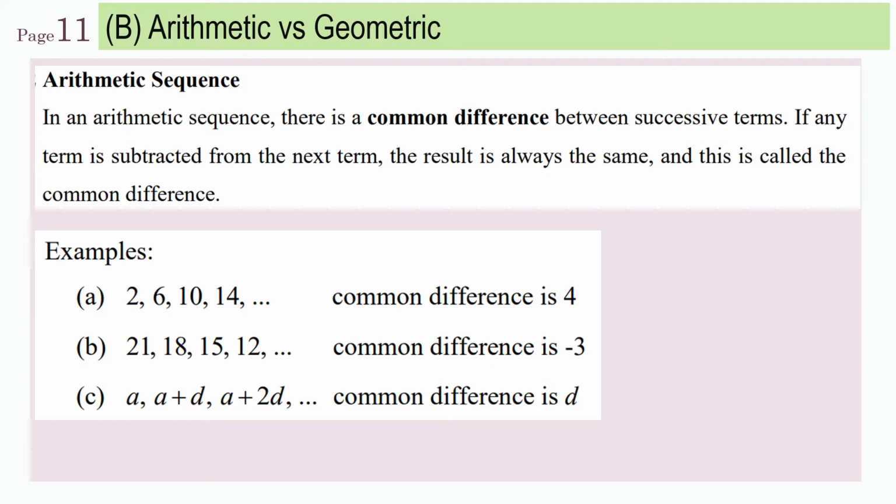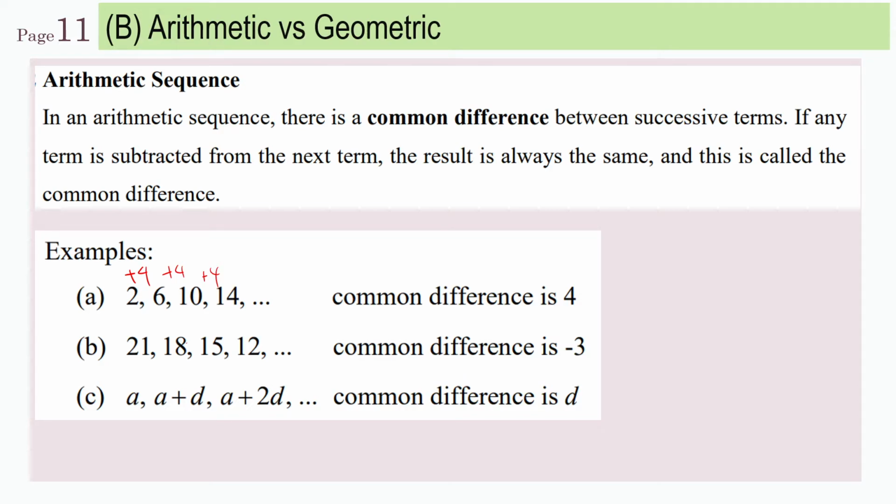That means term 1 and term 2, these are called successive terms, and they must have a similar common difference. So from 2 to 6, plus 4. 6 to 10, plus 4. 10 to 14, plus 4. They must have a common difference.